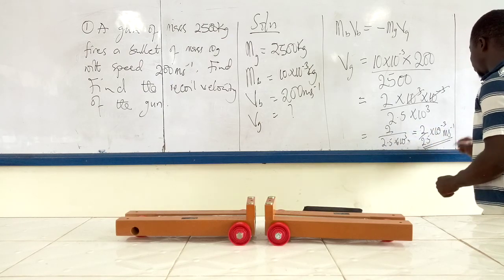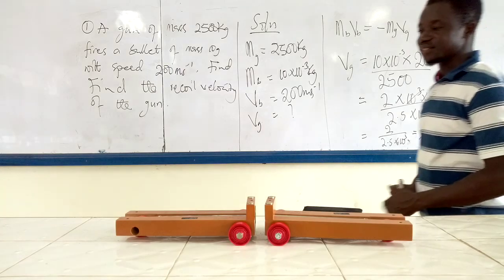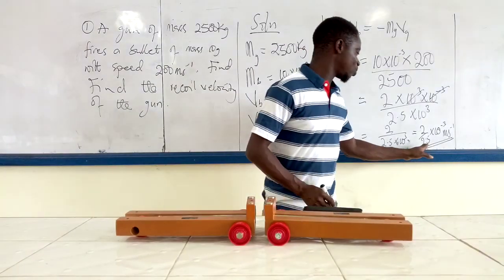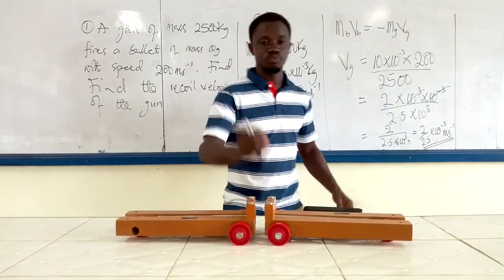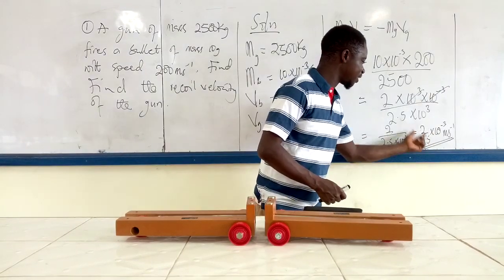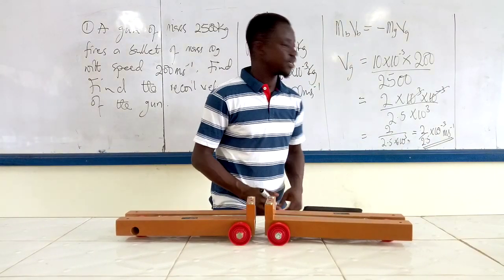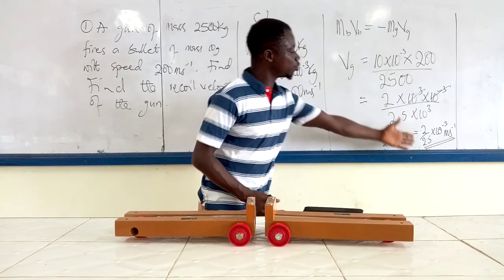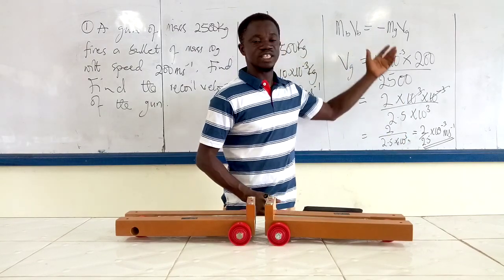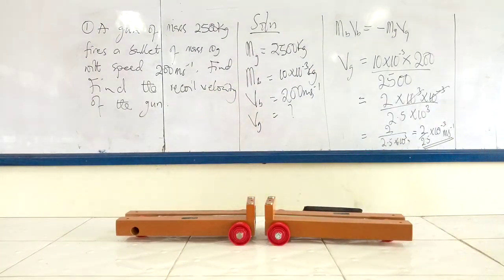I don't have a calculator with me, and for the sake of time, I don't want to go through the division. So pick your calculator and divide this so that you get the final answer. This is how we go through the question using the application of Newton's third law of motion.